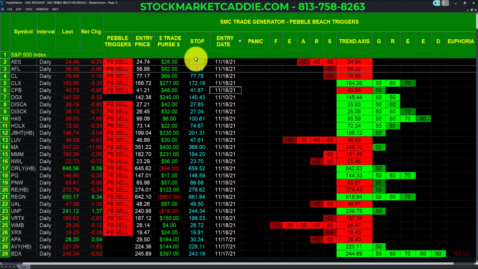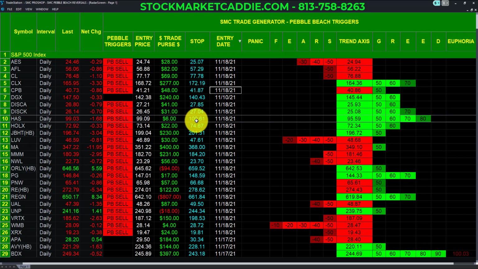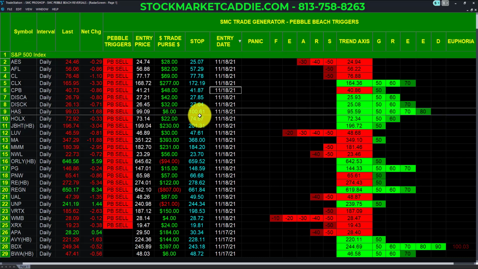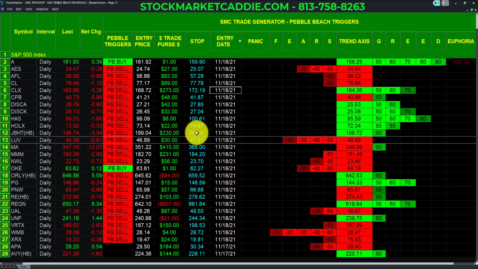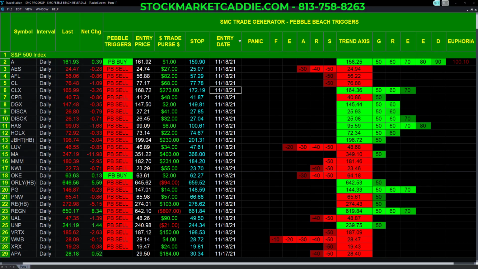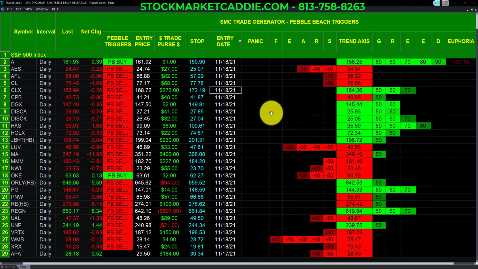It gives you a very good, valid stop level. Of course, if you're short, the stop level is above, so you can begin to calculate your risk reward scenarios. It also gives you the date so you can sort, bring them all to the fore.